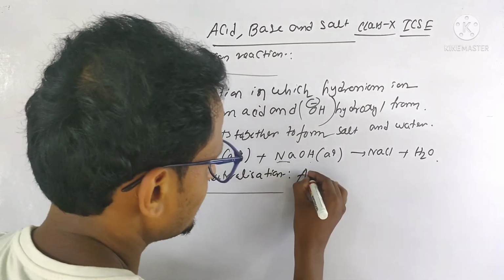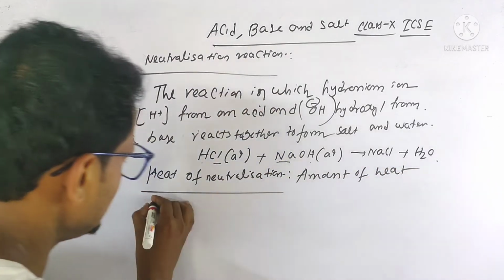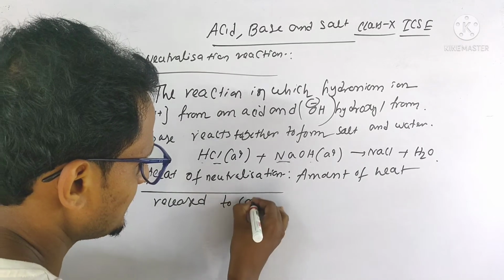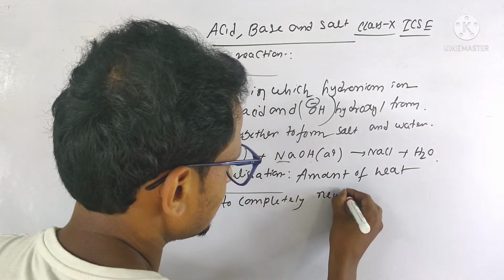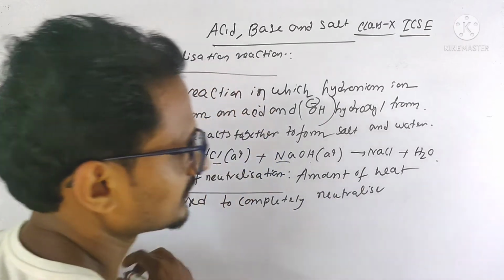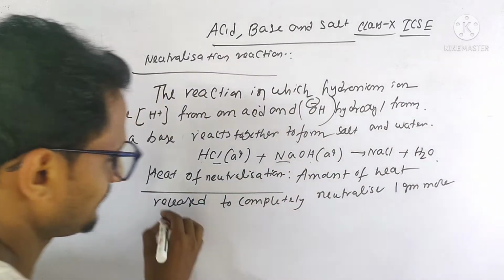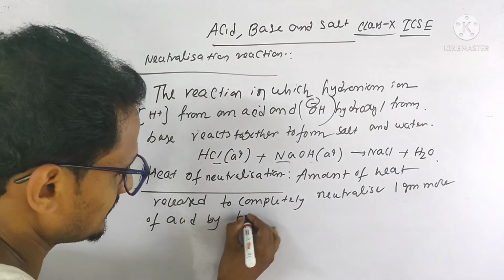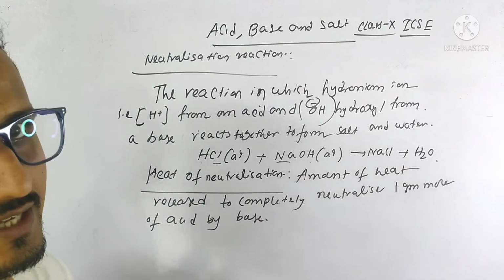The amount of heat released to completely neutralize 1 gram mole of acid by base. So it is the heat of neutralization.